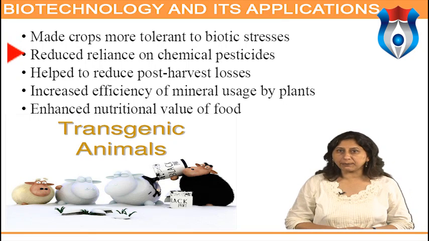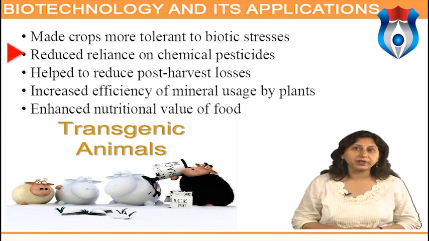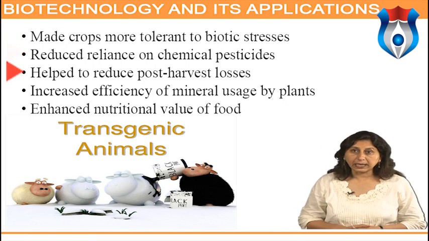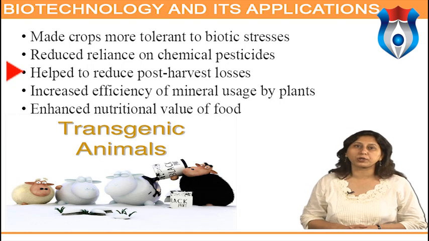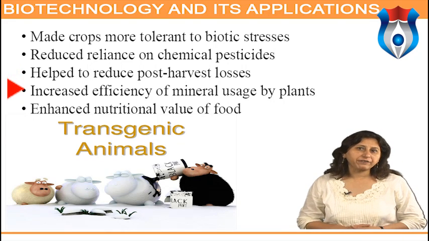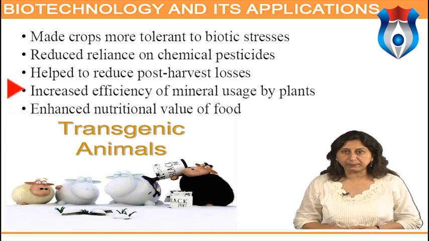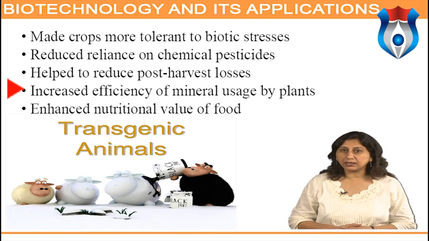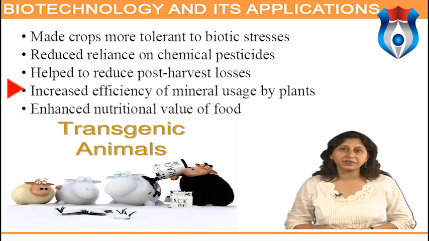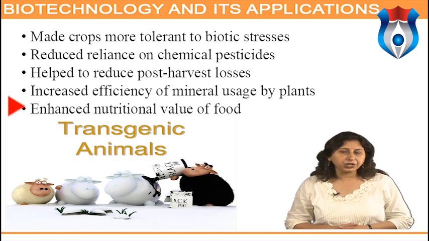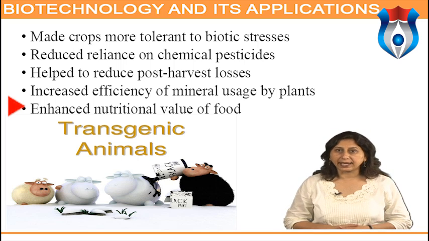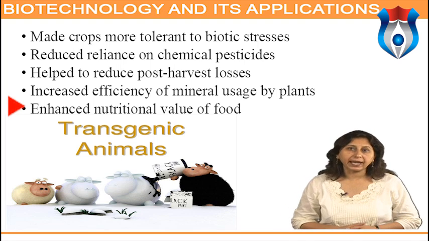It has reduced reliance on chemical pesticides, produced pest-resistant crops, helped to reduce post-harvest losses, and increased efficiency of mineral usage by plants. This prevents early exhaustion of fertility of soil. It has also enhanced nutritional value of food, for example, vitamin A enriched rice.